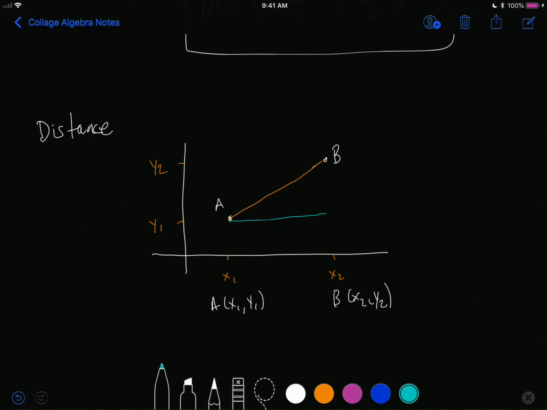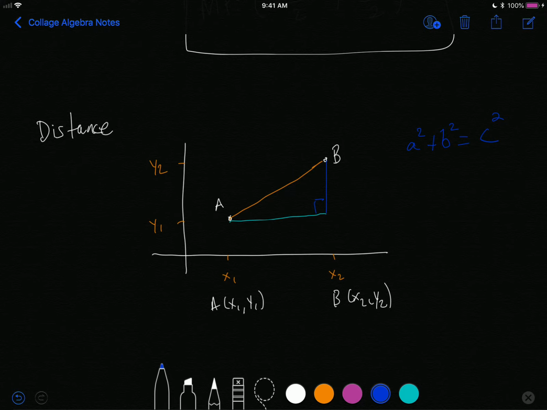From here to here, and then from here to here. That's a right triangle right here. And there's this famous formula that relates the three sides of a right triangle: the sum of the squares of the two sides, a squared plus b squared, equals the square of the last side, the Pythagorean theorem.